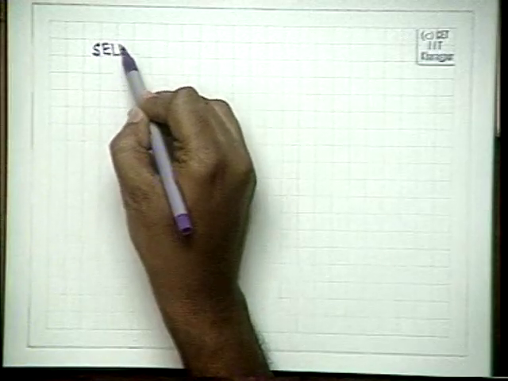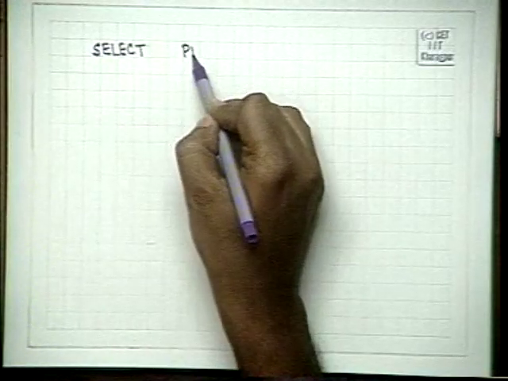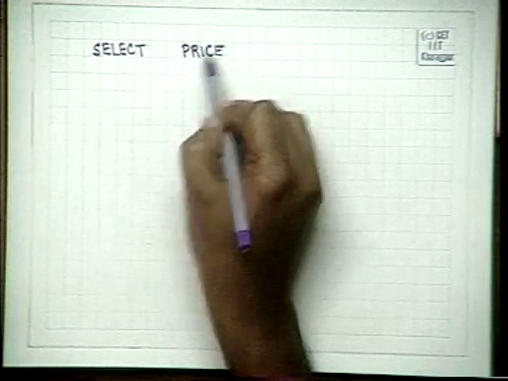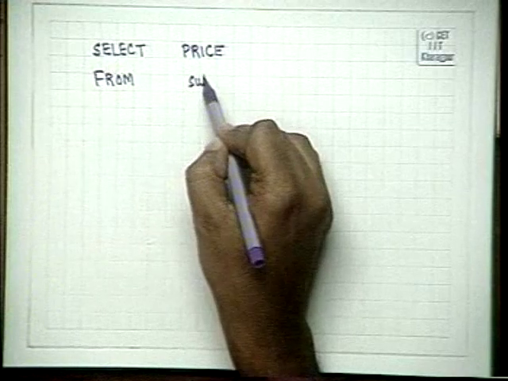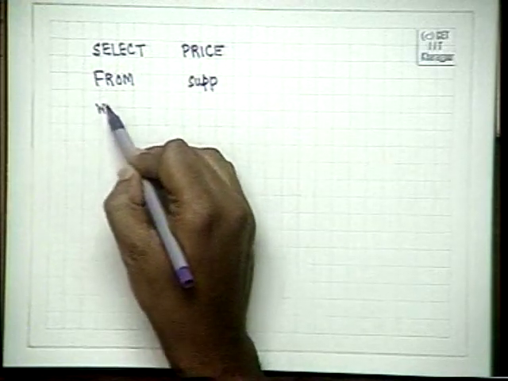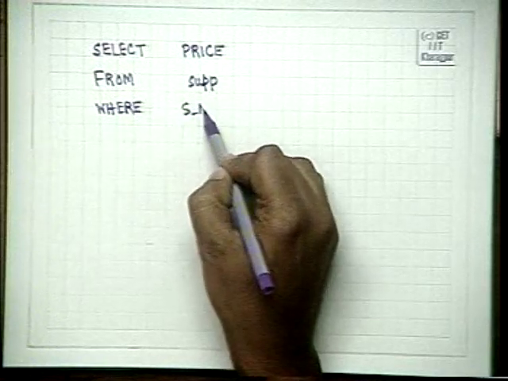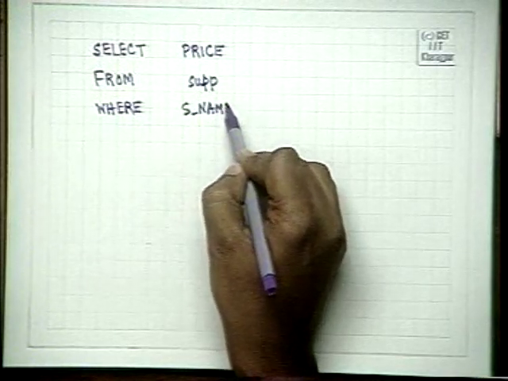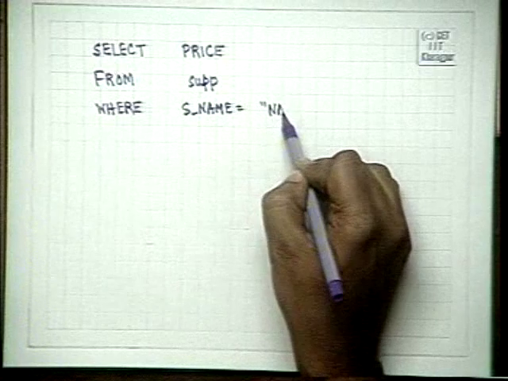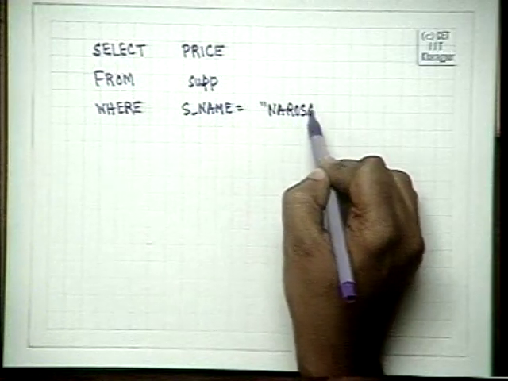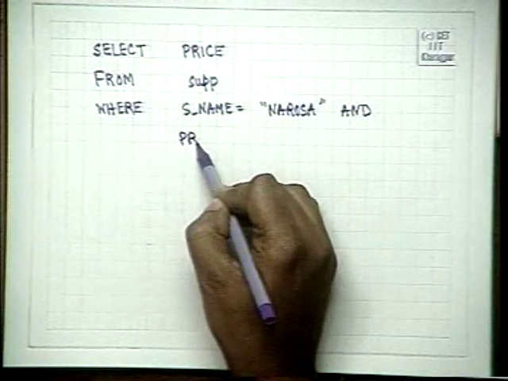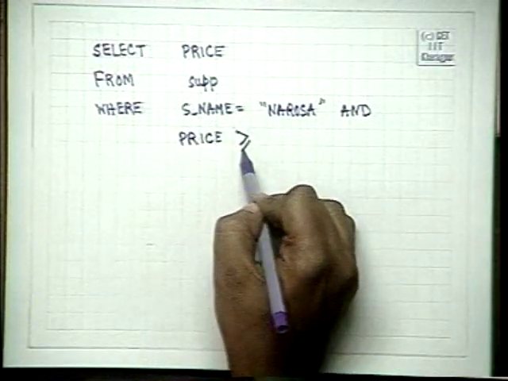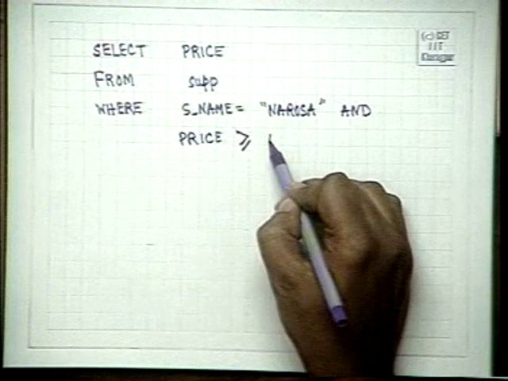Select price from sub where S name equal to Narosa and price greater than or equal to all.